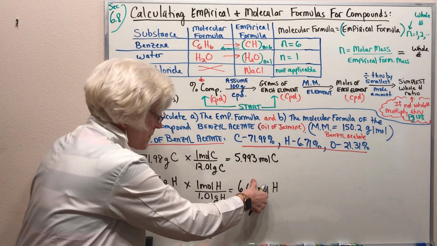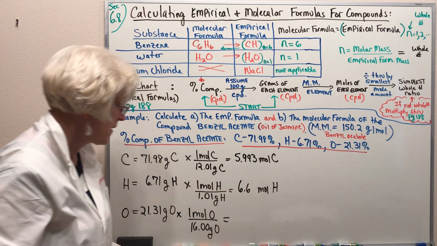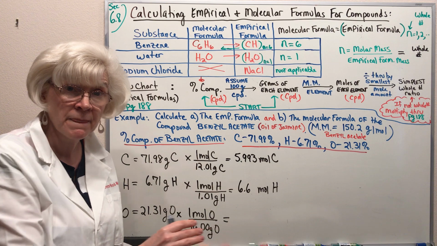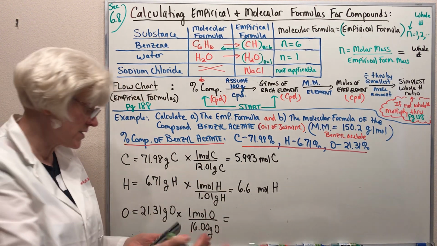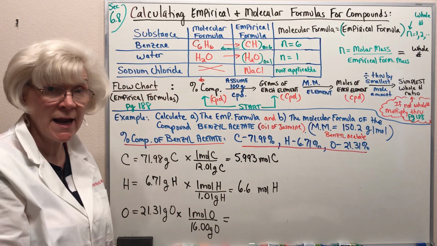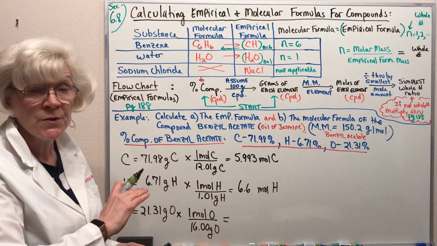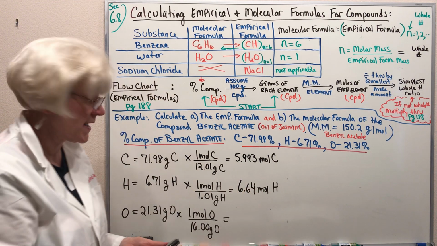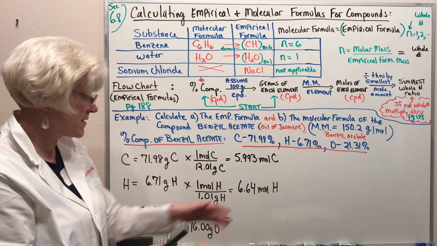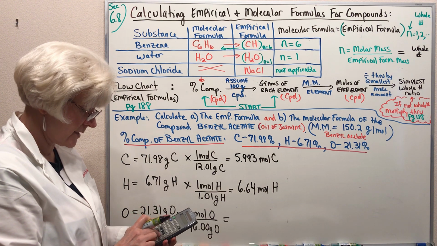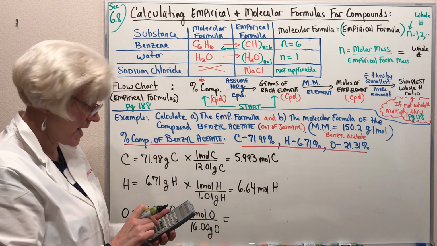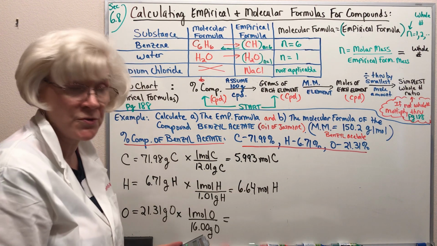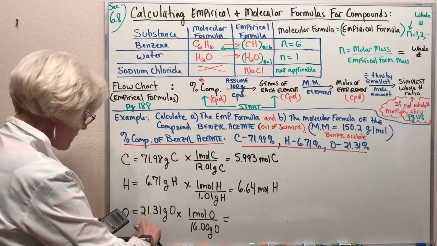For example, if you write the answer for this calculation with only 2 sig figs instead of 3, that error, which is in essence a rounding error, can throw off the ratio of atoms in the formula. So it is very important that you pay attention to the correct number of sig figs when you do the calculation. And double checking my answer again, I come up with the same moles of hydrogen, 6.64.